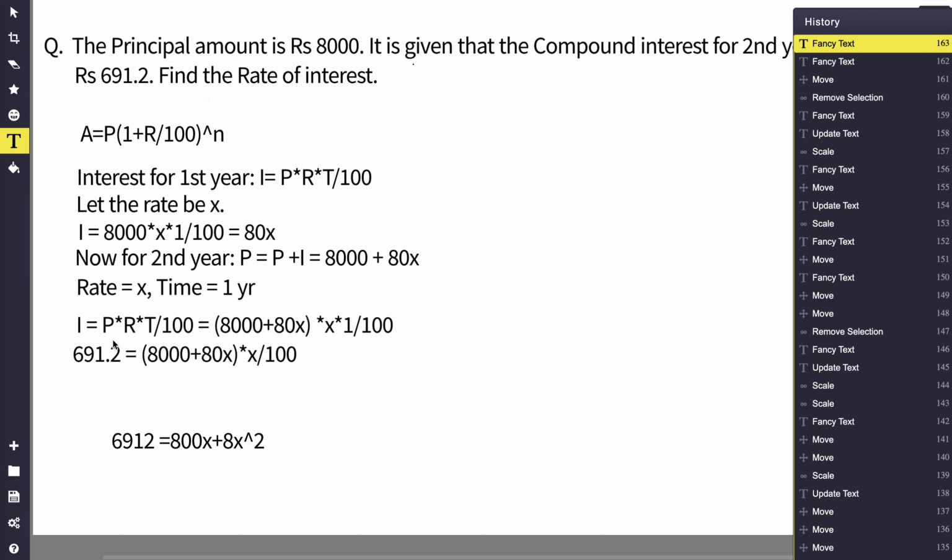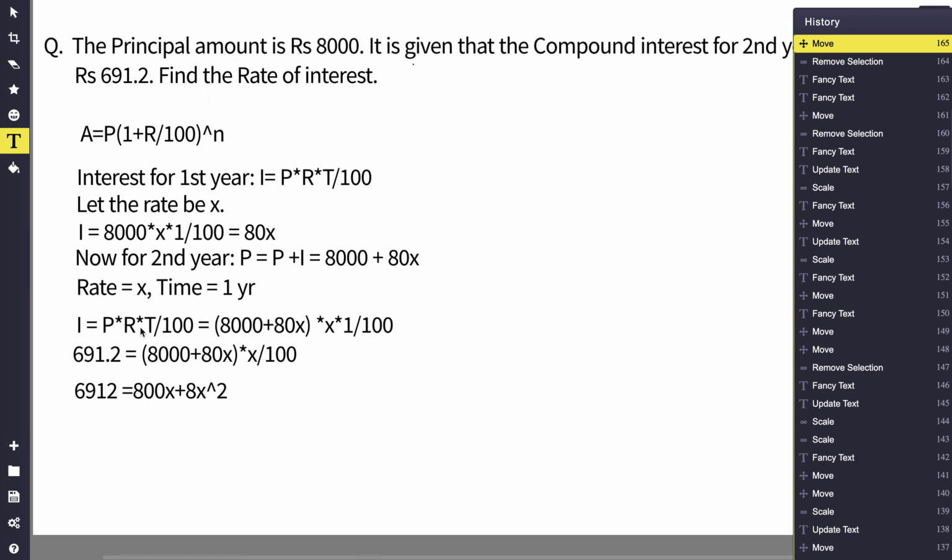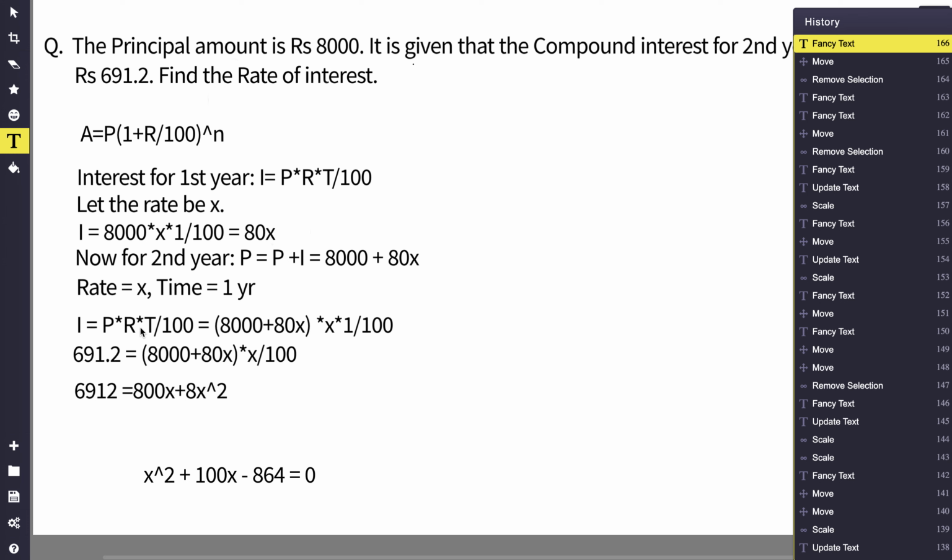When we reduce this out, cancelling the zeros and taking the 100 to the left hand side, we get 6912 equals 800x plus 8x square. Now we can see that 6912 is divisible by 8 and hence we can divide by 8 throughout, and we end up getting x square plus 100x minus 864 equals 0.